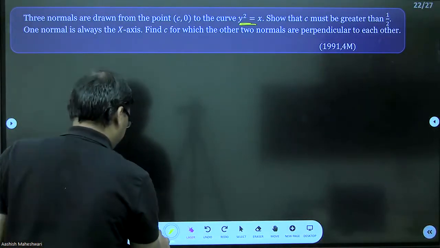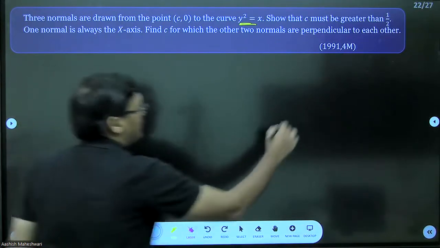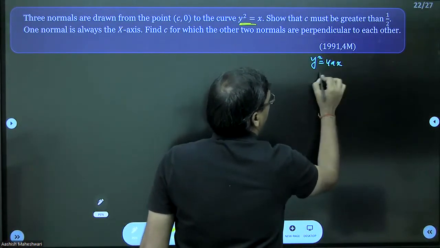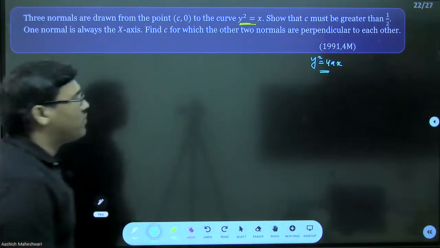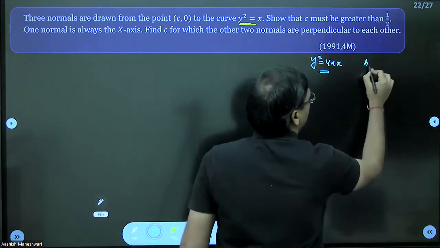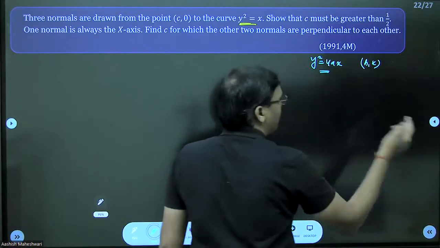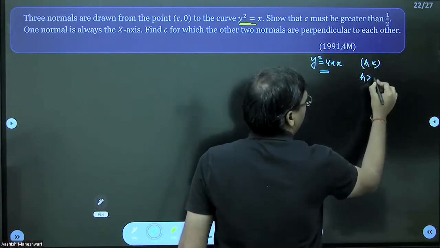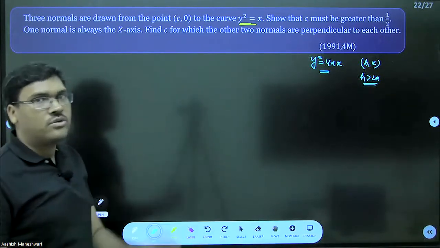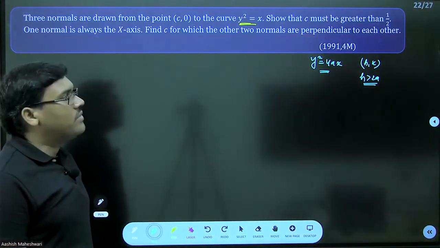So now see, if you have parabola y square equal to 4x, and the question is whether you can draw three normals from any point, let's say h comma k. I hope you remember one direct result that h should be greater than 2a. If h is greater than 2a, then you can draw three normals from h comma k.